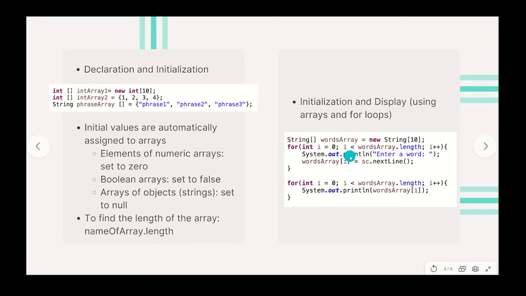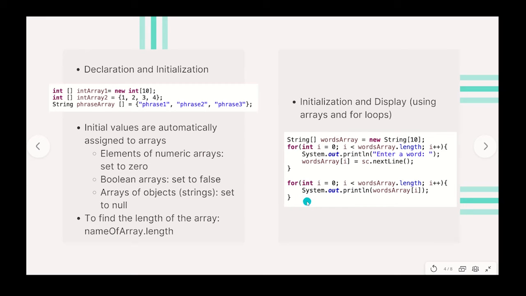They will have i equal to 0 and then i less than the length of your array. We're not going to count up to the length of the array because the last element is going to be at the length minus 1. So if you want to change the value or set a value to an index, you're going to write the name of your array, square brackets, and inside the square brackets you will put that index that you're changing, equal to whatever new value.